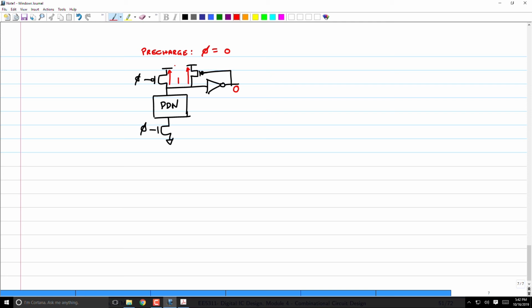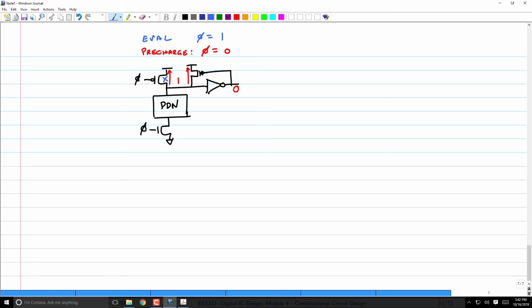Okay. Now, I go to the evaluate phase. Eval, phi equal to 1. What happens? This guy is cut off. Now, until the pull down network turns on, this output earlier used to float. The output of my dynamic gate used to float.